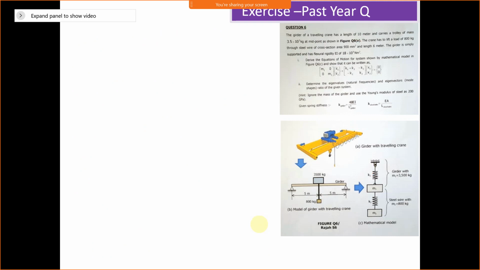Dan kita akan dapat omega 1 squared equals to 36 times 10 power 3. Then omega 1 kita akan dapat 189.74 radian per second.